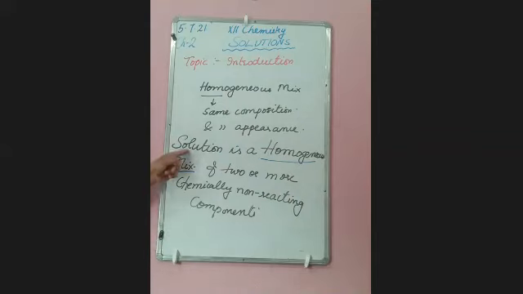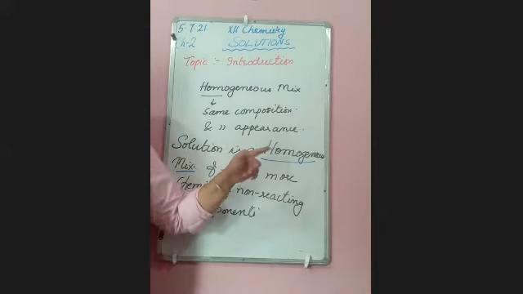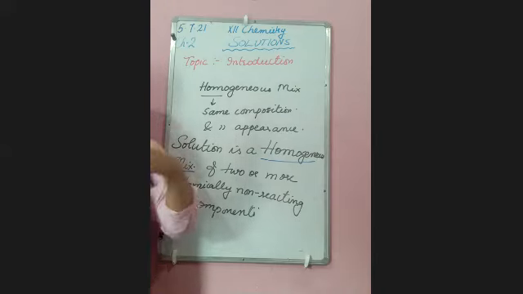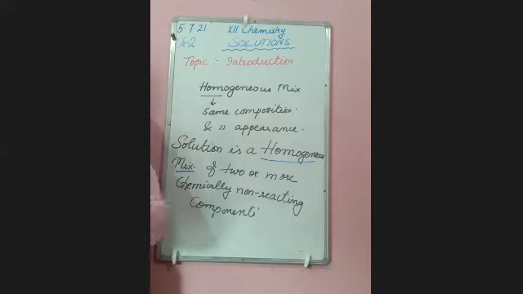Okay, so solution is a homogeneous mixture, which means whenever the solution is formed, the composition and appearance of all the solution components is same. For example, I am taking one glass of water and adding sugar in it, salt in it, and lemon in it, and making a lemonade.